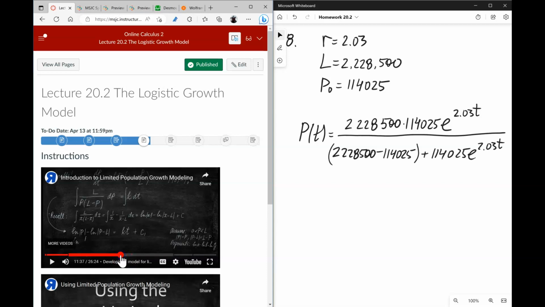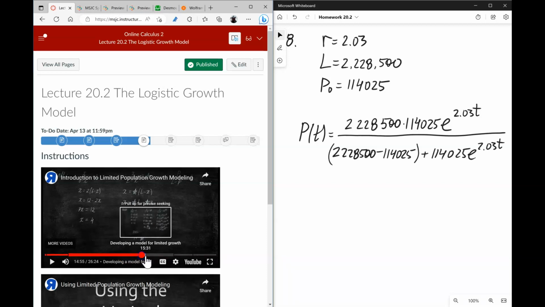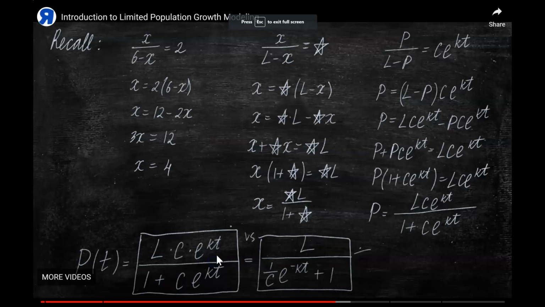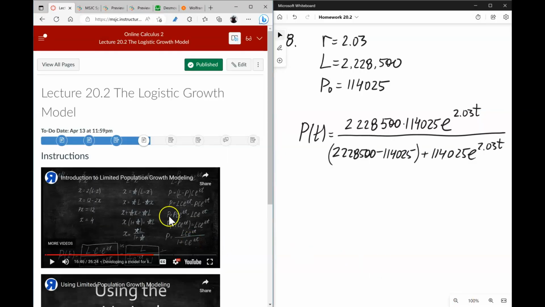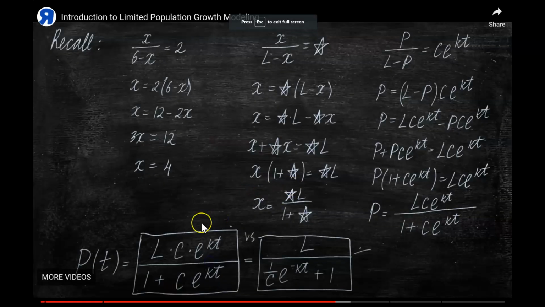It's right here, right? So this is the general solution. So we have limiting capacity divided by 1 over C. So let's just make that adjustment. But I would consider that to be a trick question, I guess. Maybe. I don't know. Let me take a snapshot of this.